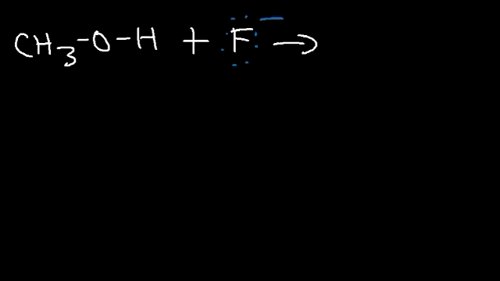Well, fluoride can't act as an acid because it doesn't have any hydrogens to give. So it has to act as the base. And this has to be the acid. Now, according to the Bronsted-Lowry definition of acids and bases, acids are proton donors, bases are proton acceptors. So fluoride is going to accept a proton.